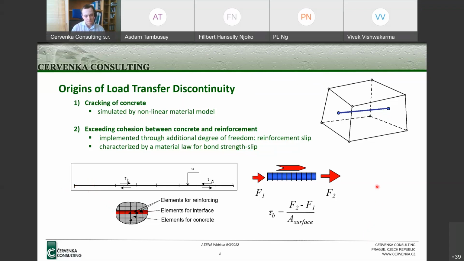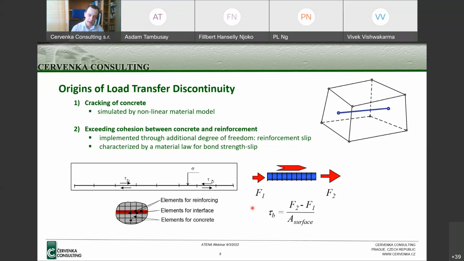Or in the general case, we are comparing the forces between the concrete and the forces at the interface.